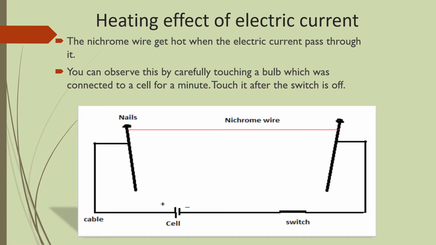You can observe this by carefully touching a bulb which was connected to a cell for a minute. Touch it after the switch is off. You will observe that all these things are hot. This nichrome wire is hot and it is glowing. The bulb gets hot when you touch it. So this is actually the heating effect of electric current.